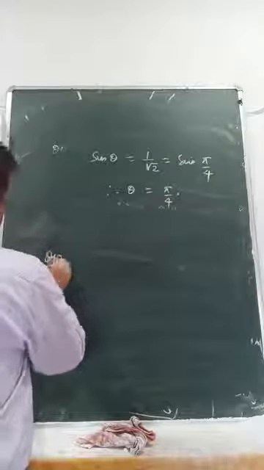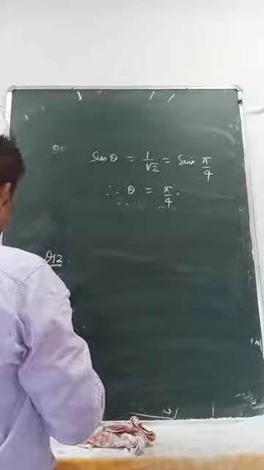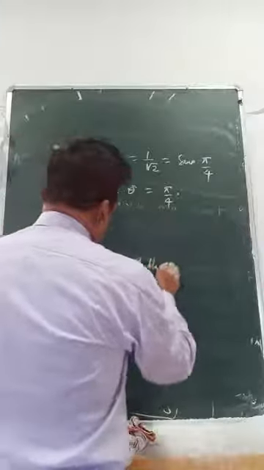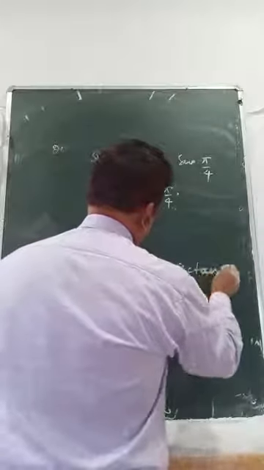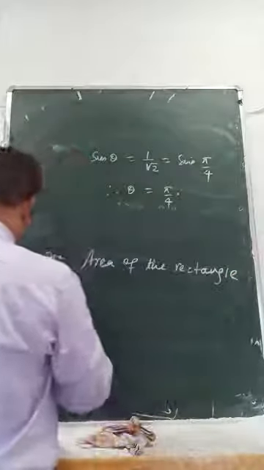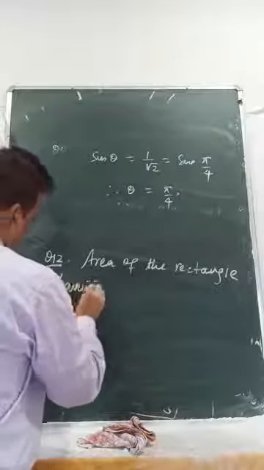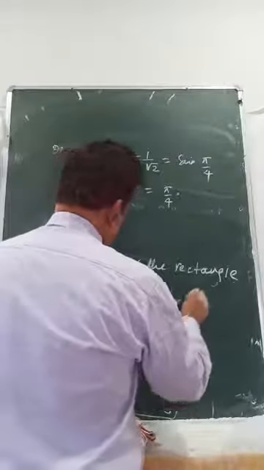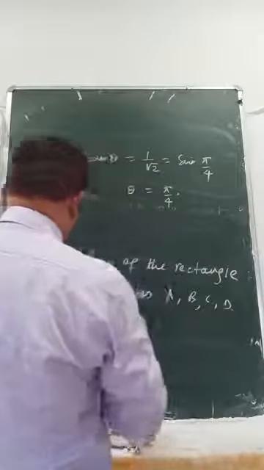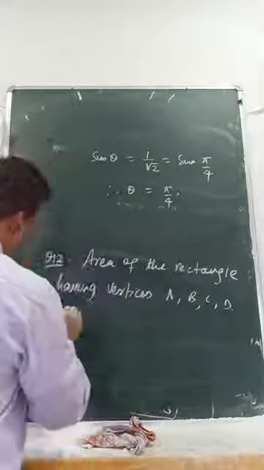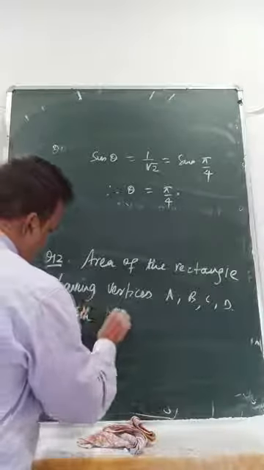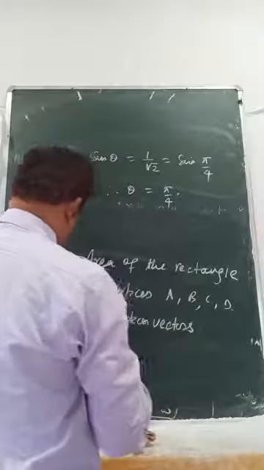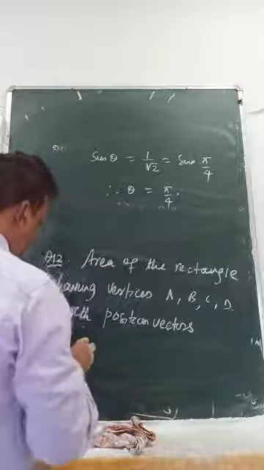Question number 12 is: area of the rectangle having vertices A, B, C, D with position vectors, important here, with position vectors. What are given here?